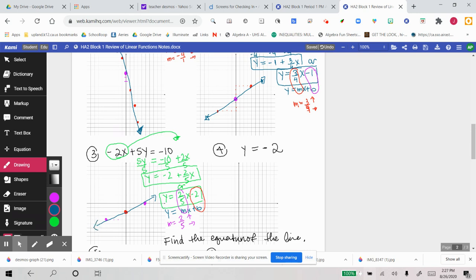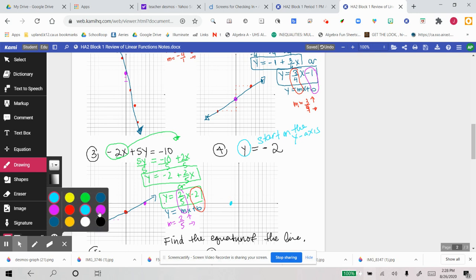So y equals negative 2. Now, these are special lines like we were going over in class. Remember, special lines are either horizontal or vertical. This says to start on the y-axis. So we're going to start on the y-axis at negative 2.